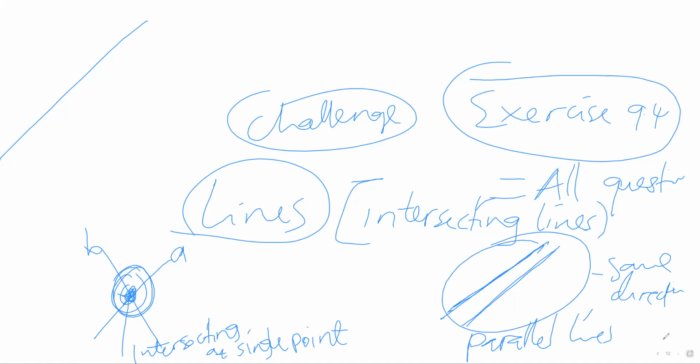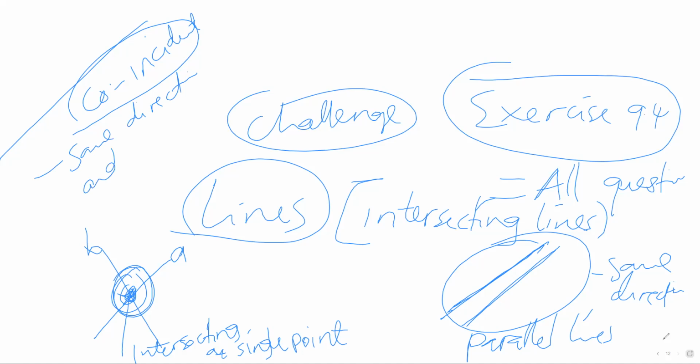Then there are lines we call coincident. Such lines have the same direction and an infinite number of points in common.